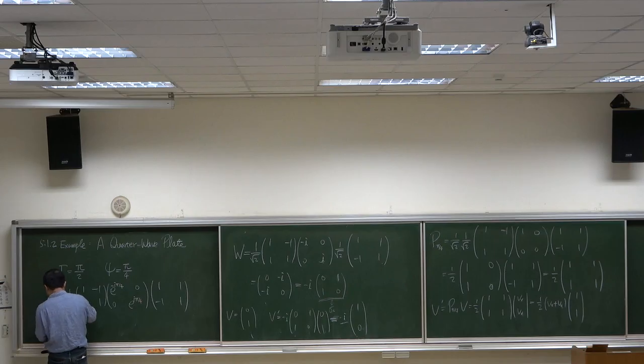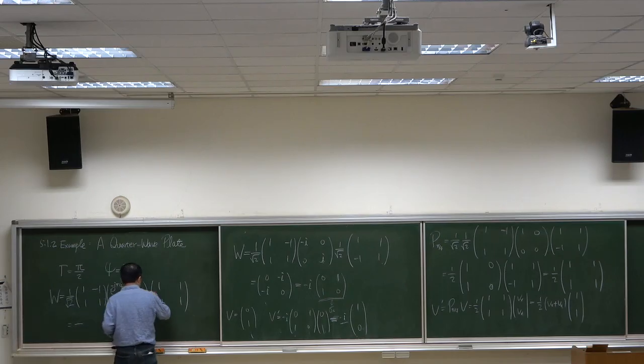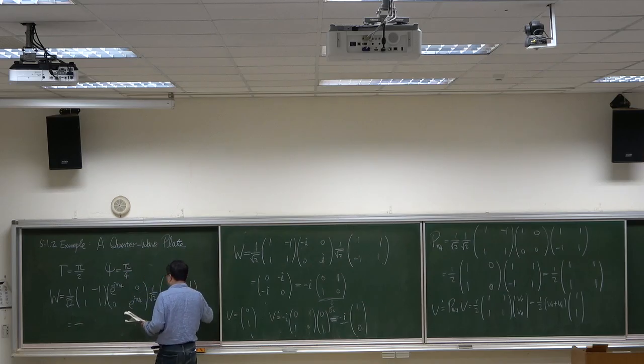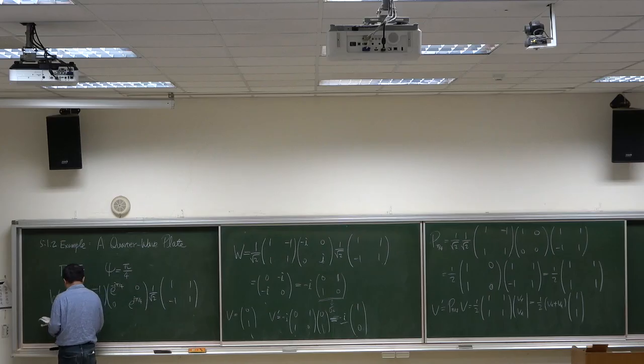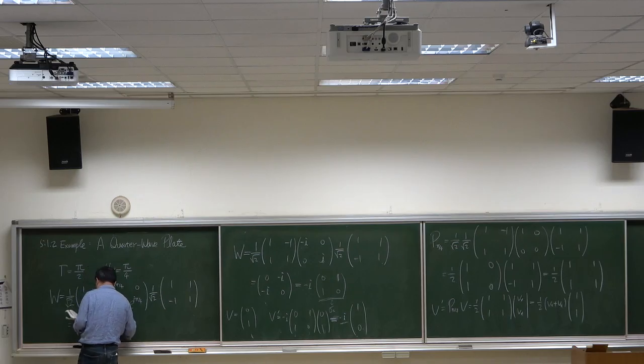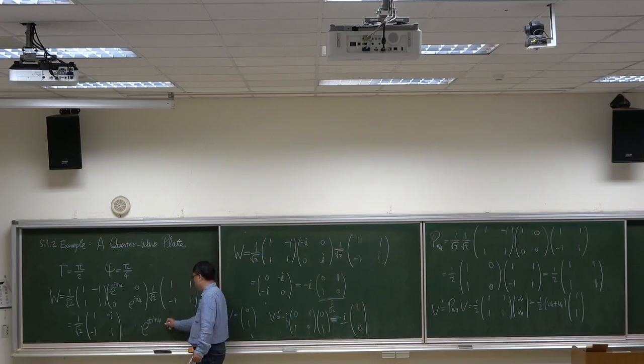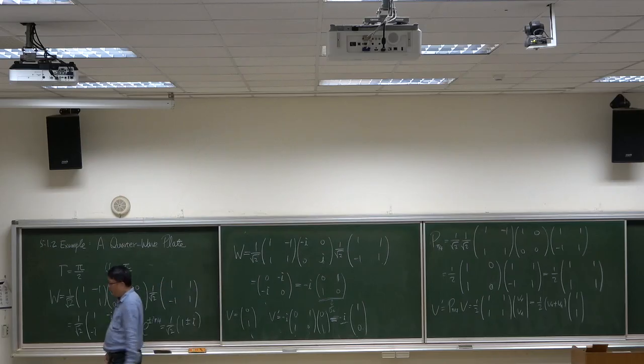The final result is this. Here, we use the factor exponential plus minus i 1/4 pi is equal to 1 over square root 2, 1 plus minus i. Okay, you can use Euler's formula.